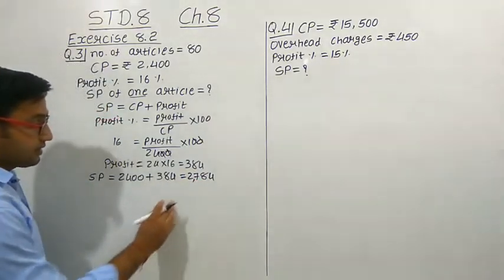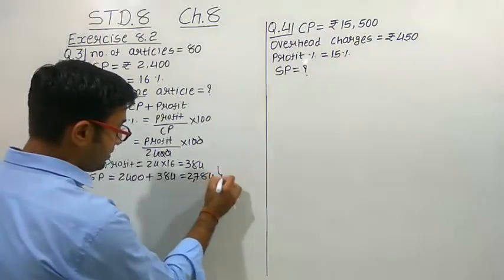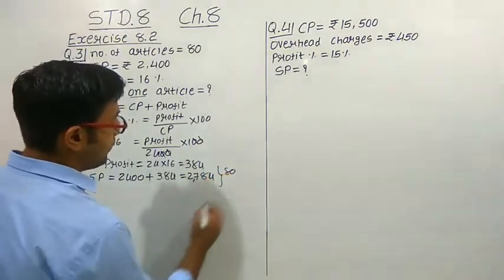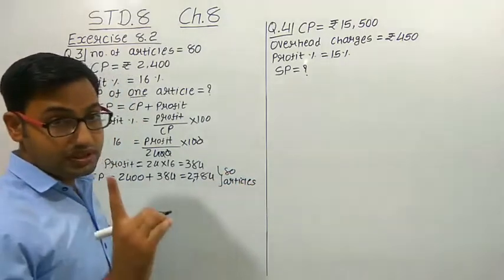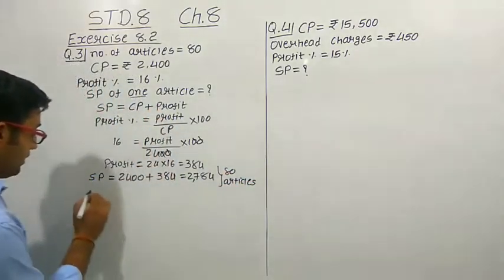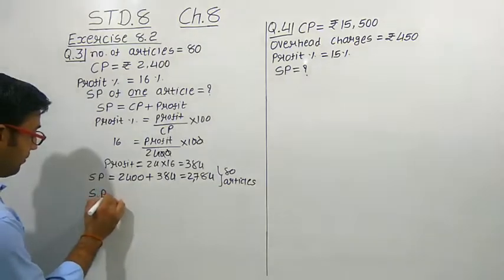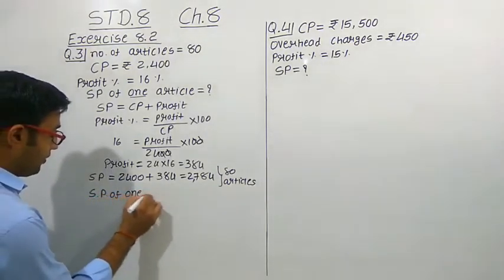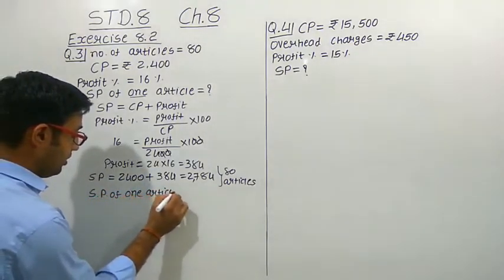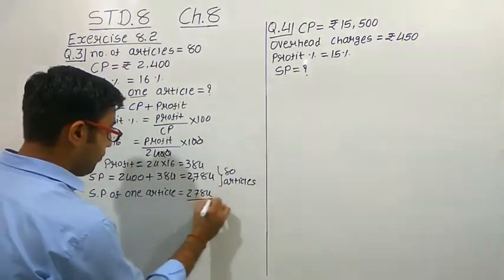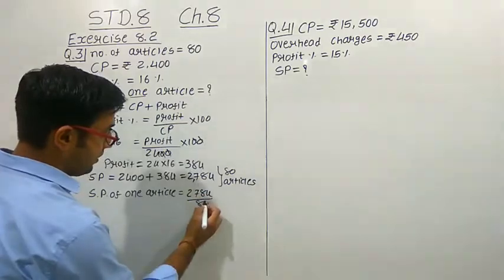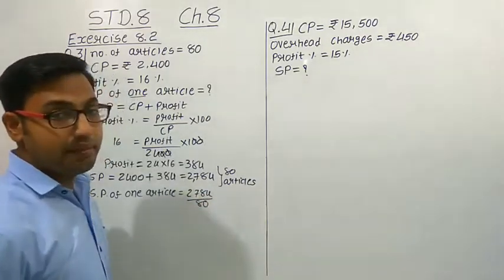This is the selling price. Selling price of how many articles? This is the selling price of 80 articles. We have to find the selling price of one article. So the selling price of one article is equal to 2784 upon 80. This is also called the unitary method.